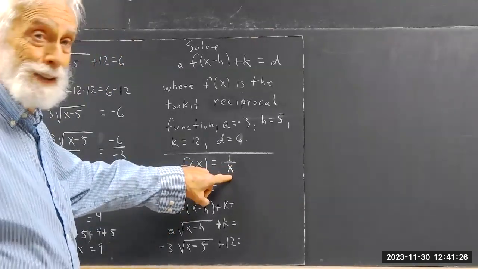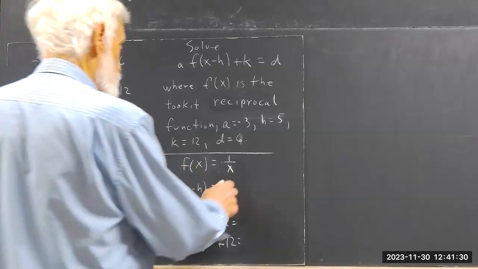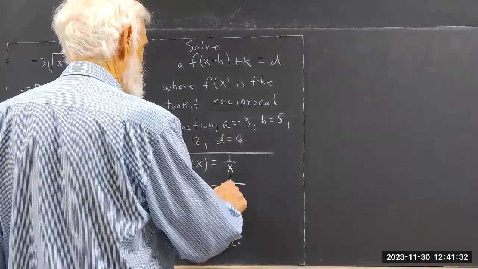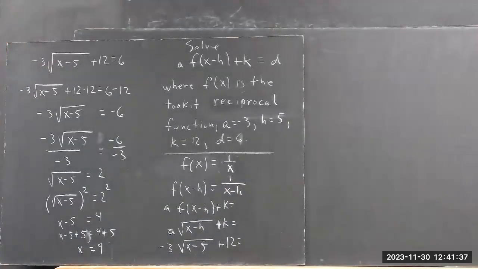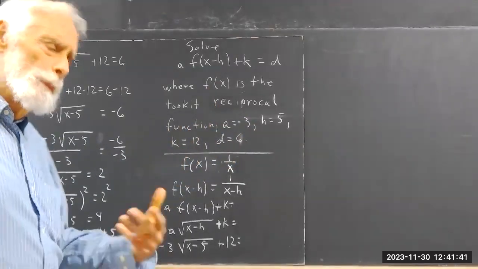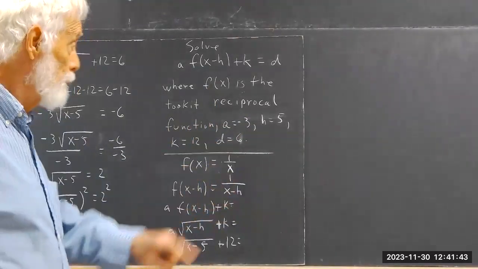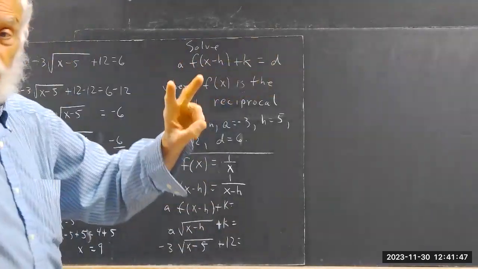Therefore, we replace this x by x minus h, right? So that's 1 over x minus h. Now, I don't want you to put numbers in at this stage. You probably can, but I want you to be sure you can do the form of this thing, because there are two ways I can ask this question.